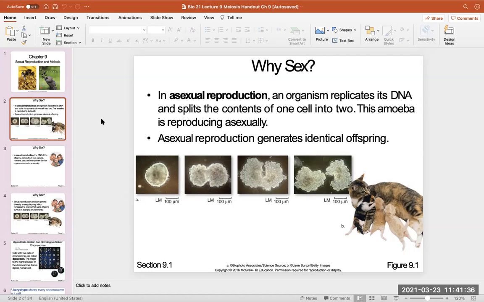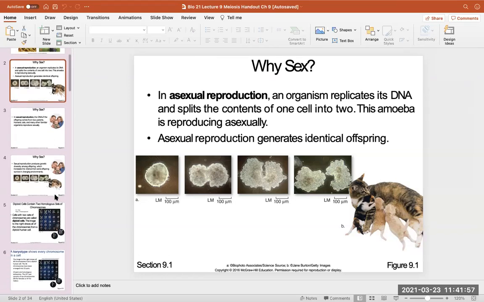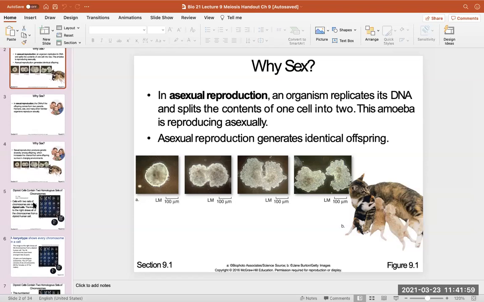And it also helps with evolution, where maybe darker colored cats would survive longer in certain environments than lighter colored cats. So genetic diversity is important when the environment is changing. If a new disease pops up, and you have genetic diversity, some might be able to get through that. So those are some benefits of sexual reproduction versus asexual.